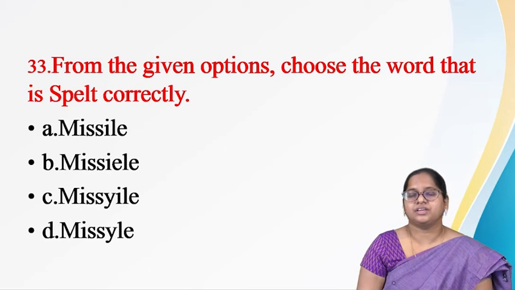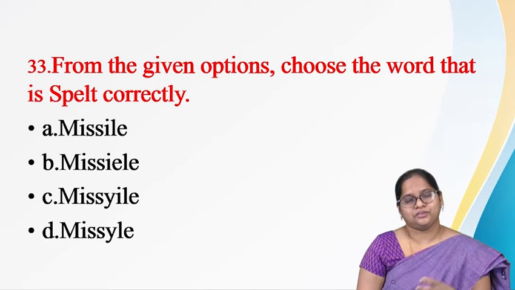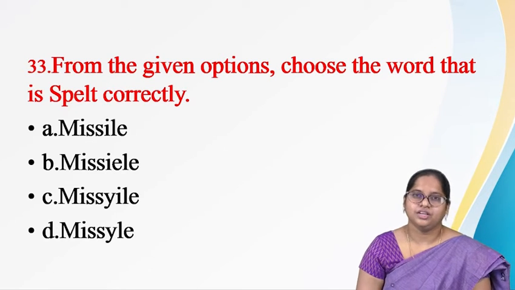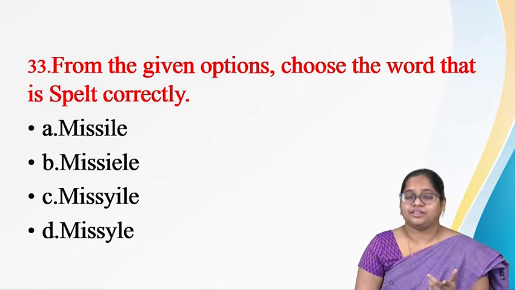Missile is once again very dangerous. Why? Because it is a kind of physical power, where you shoot and kill a person. So it's a powerful weapon, you can say. And it's nothing to do with the spelling.